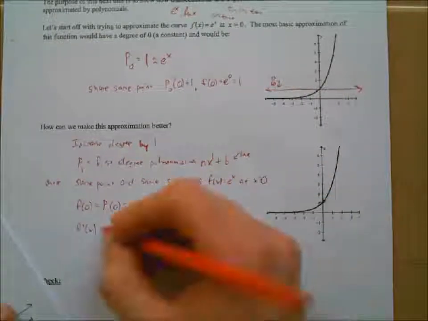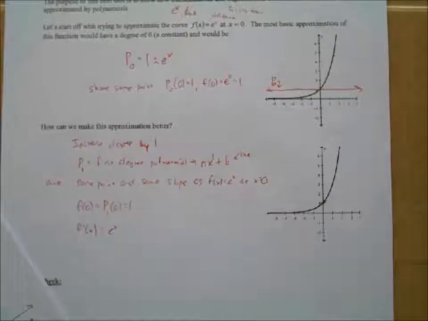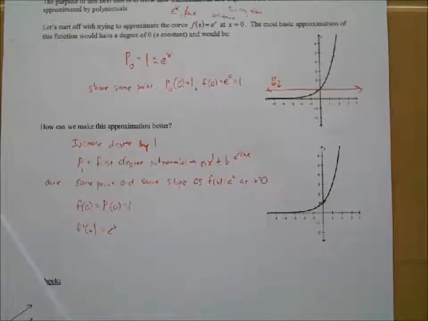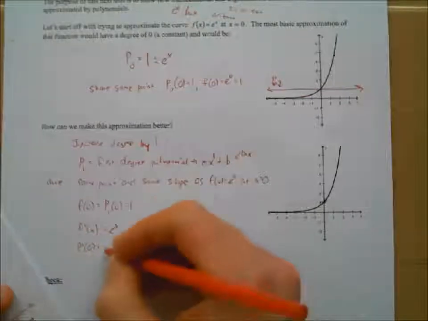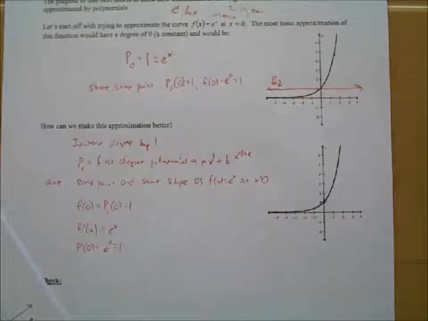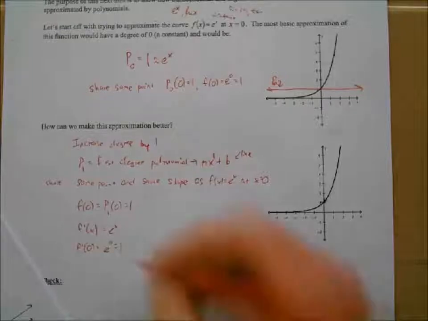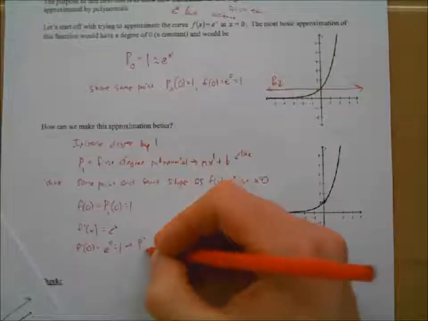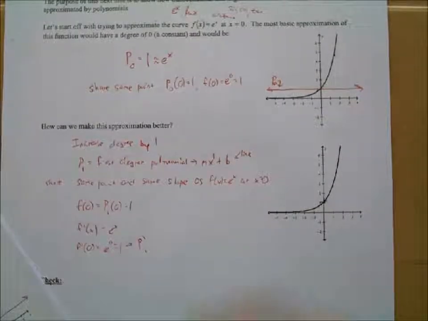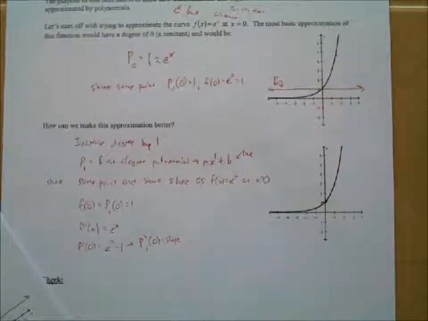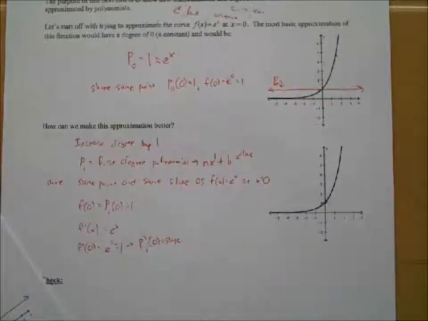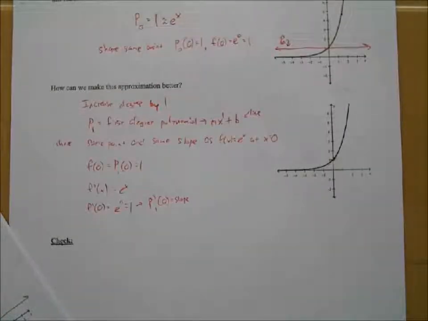It's e to the x again, easy enough. And of course, we want to find the slope at the point when x is 0. So we're just going to do f prime of 0. And that'll be, again, e to the 0, which is 1. And so this is p prime sub 1 of 0. That's its slope as well. So we want p prime sub 1 to be the same as f prime at 0. Both values at 0, we want to be the same value.